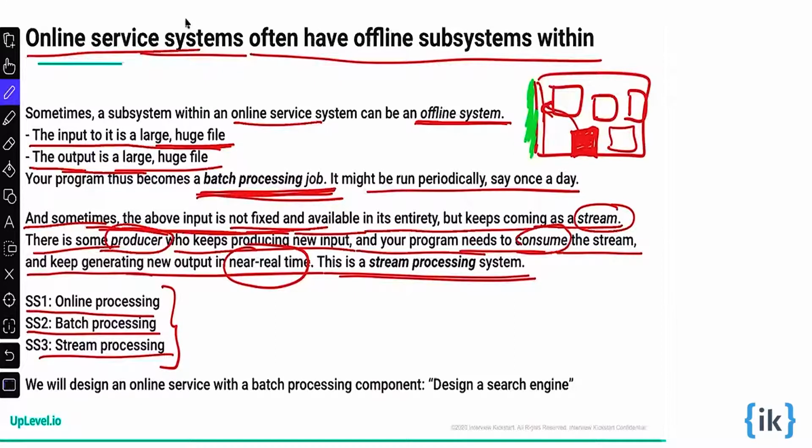It's providing an online service, but within that online service, there could be subsystems, which could be batch processing systems or stream processing systems. And in this presentation, we will look at how to design an online service with a batch processing component. If I just covered batch processing in isolation, that may not make much sense because batch processing systems don't work in isolation. So we'll try to see how we could design a search engine from first principles. That's the goal.